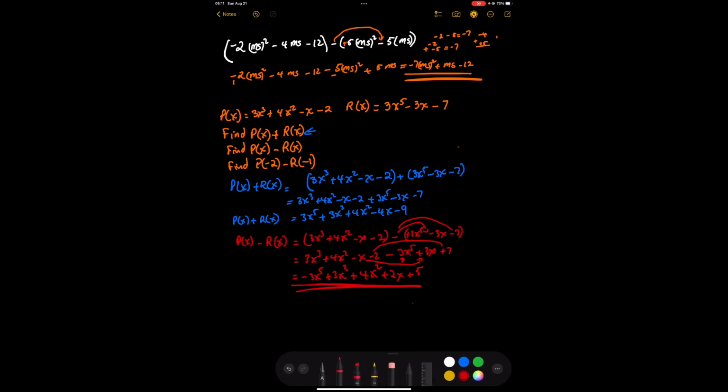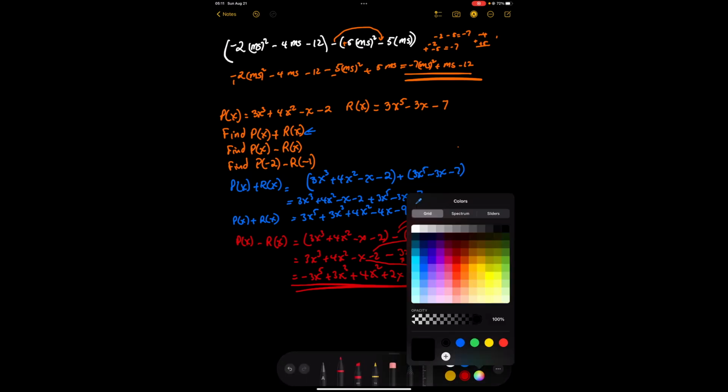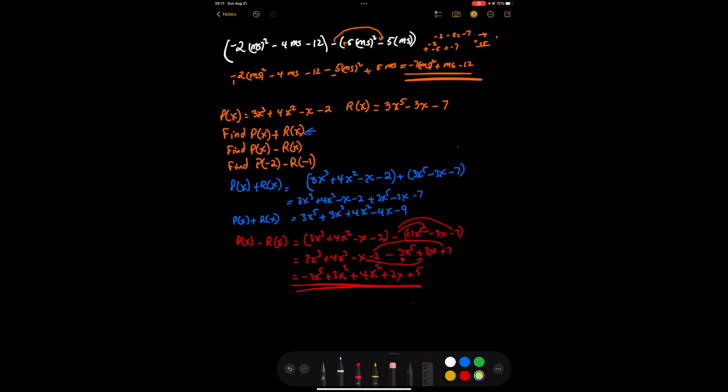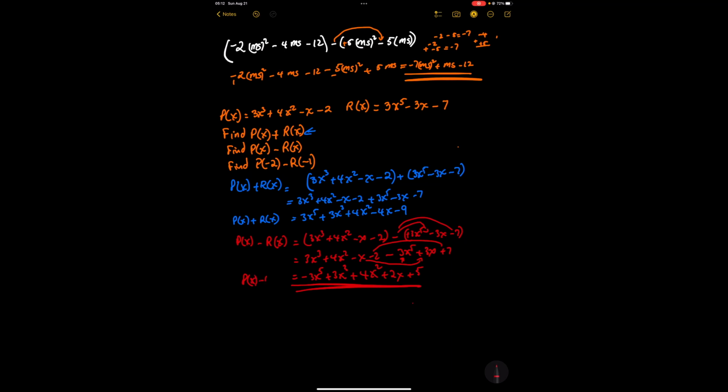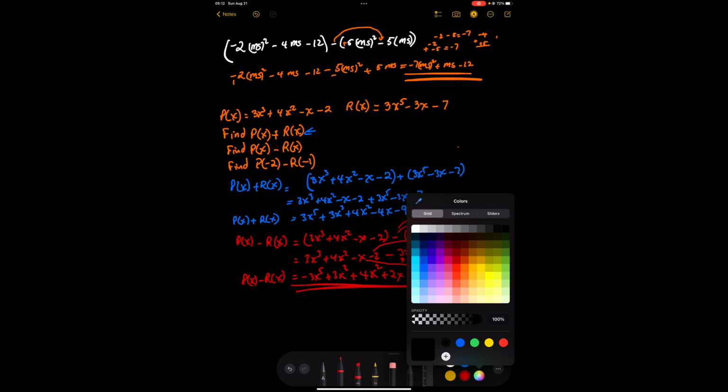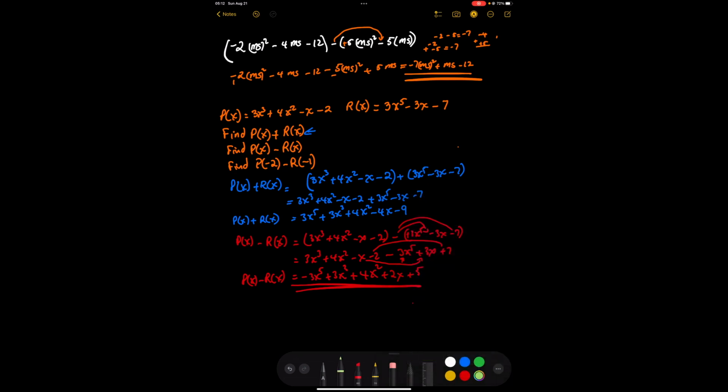Now, guess what? We already have p of x minus r of x. So what we can do now is p of negative 2 minus r of negative 1.